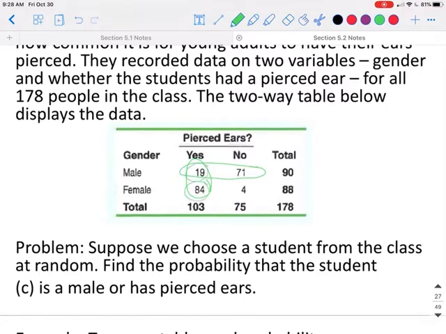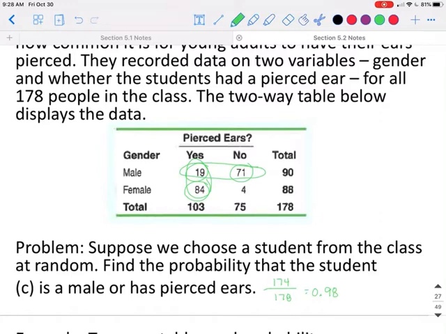So we're just going to add the three numbers that fit into those categories together. And 19 plus 71 plus 84 gives us 174 out of the 178 students. And so the probability of randomly selecting a student who is either male or has pierced ears is 98%.